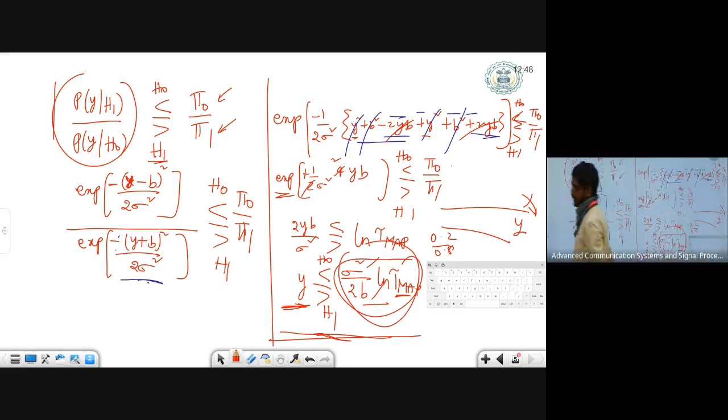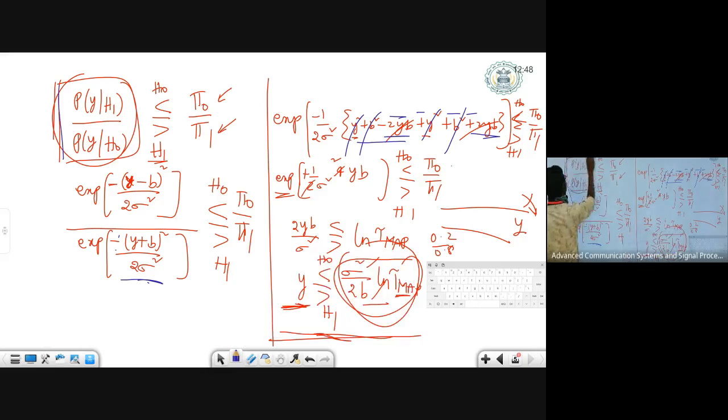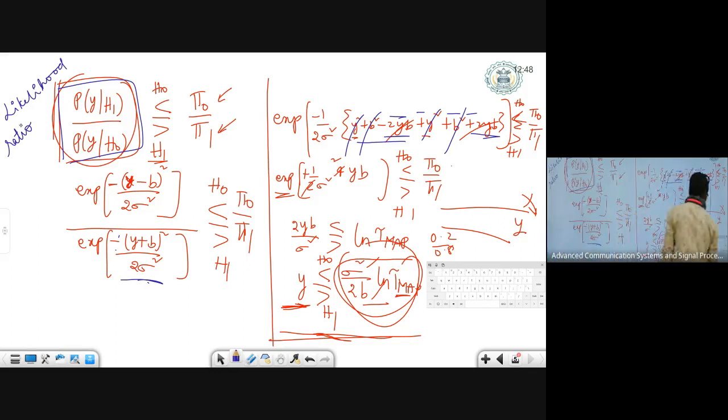Now the most important thing: this is called a likelihood ratio. Let me use another color. I don't know whether you remember or not, the transition probability is sometimes also considered a likelihood function.